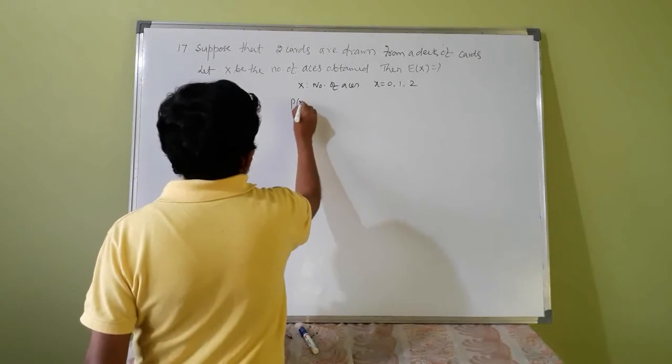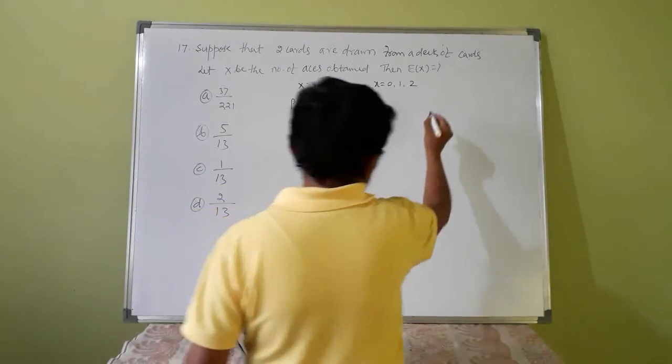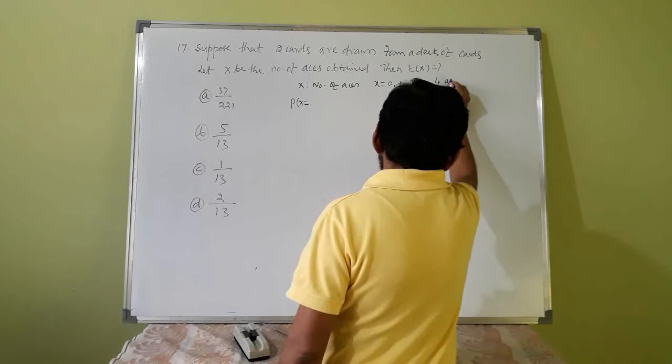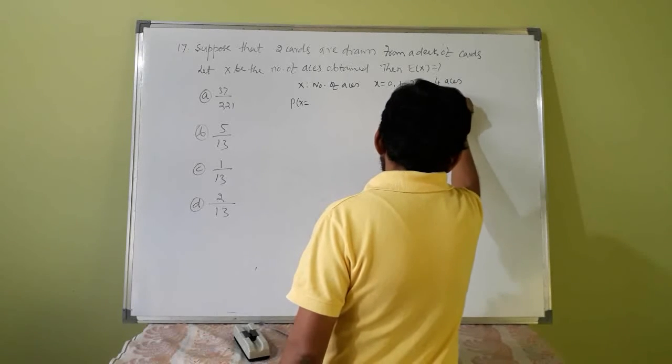Probability of x is equal to 0. See here, 4 ace cards, 48 non-ace cards.